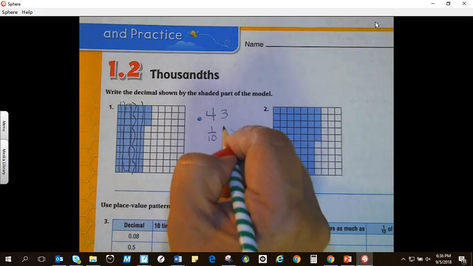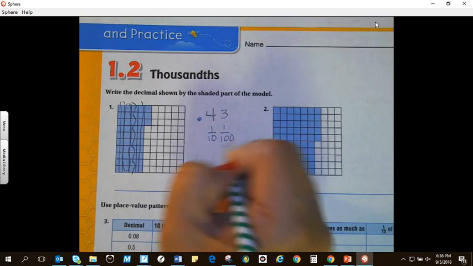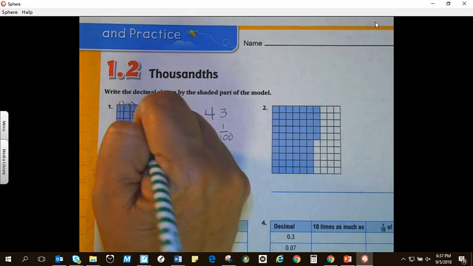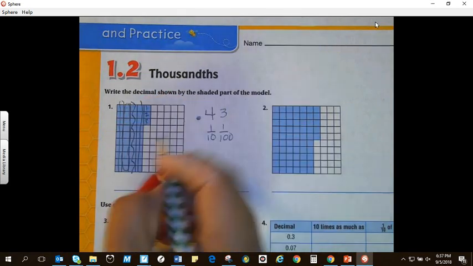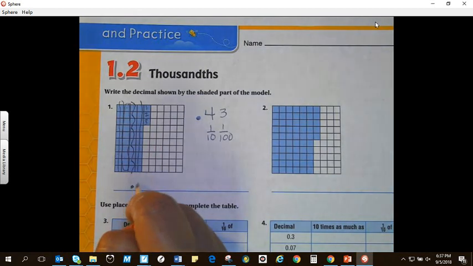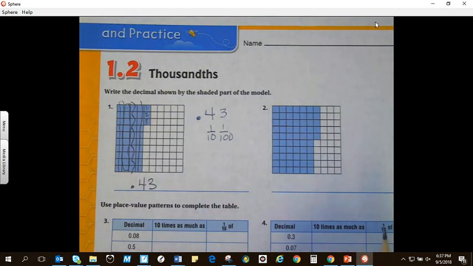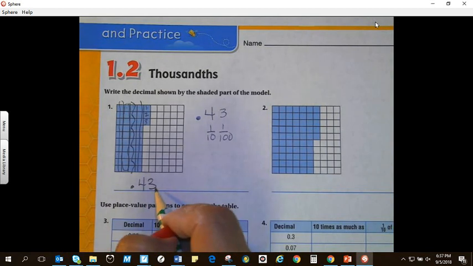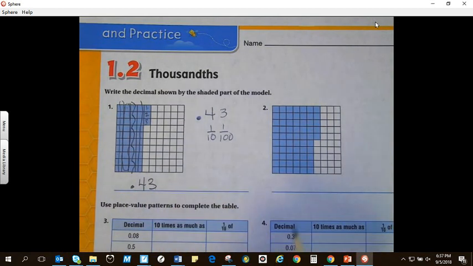So this represents my hundredths because I have 3 out of the 100 that I'm representing. So what decimal am I representing here? This is 43 hundredths. My 4 tenths and my 3 hundredths. And those are in the correct place values.